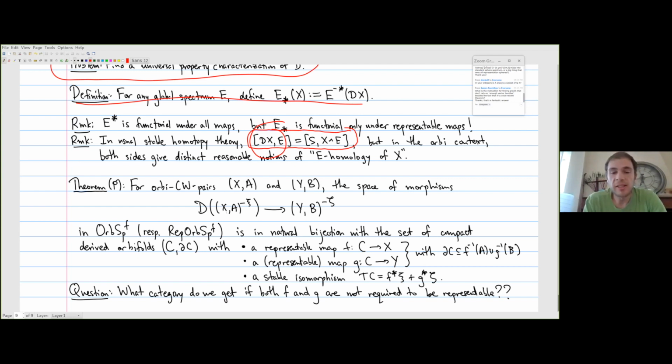Now, you can see here why I said that this category should not have an involution.